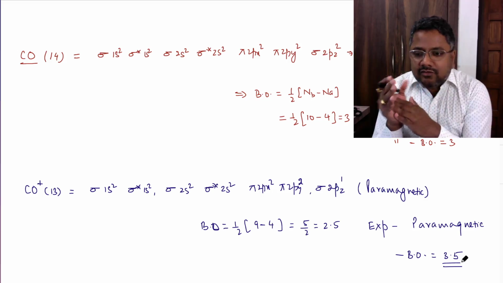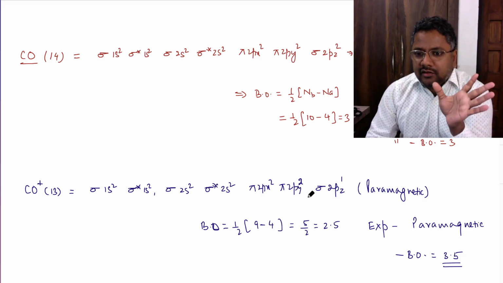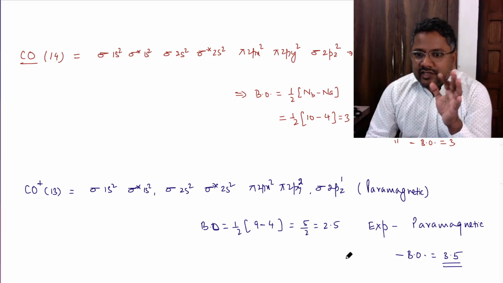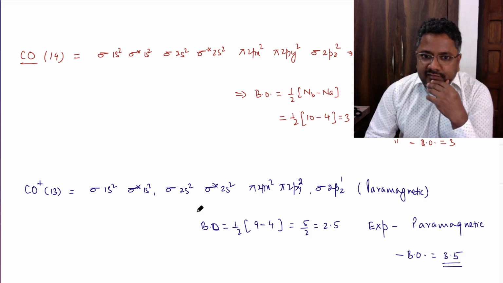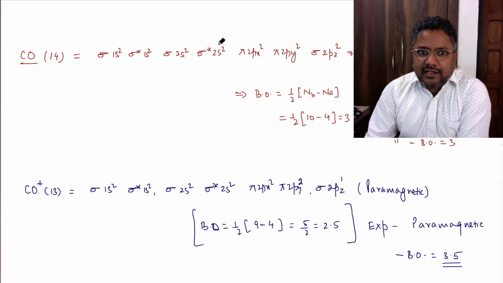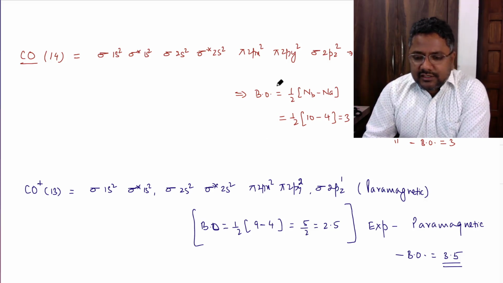Many people are making a mistake here. What they try to explain is that this is an exception, so you have to remember it like that, right? But this is not the case, because this order that we have deduced from this molecular orbital treatment is applicable only for homonuclear molecules.